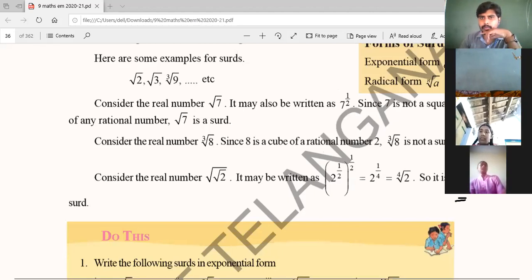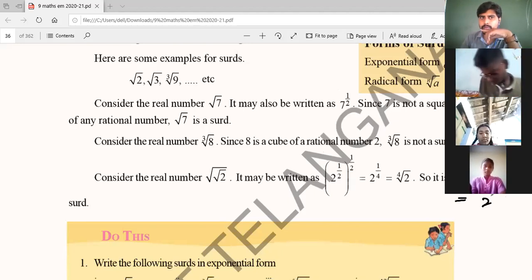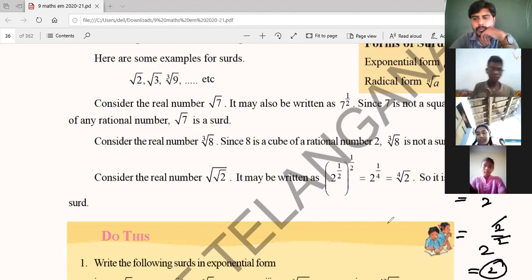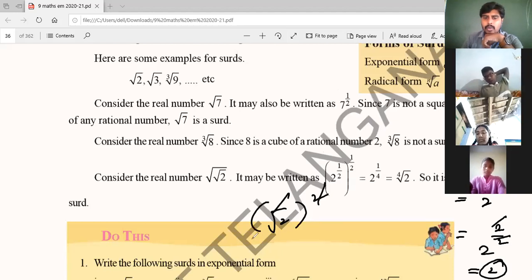What it becomes: 2 power 1 by 2 into 2, so 2 power 2 by 2. The 2 gets cancelled, and 2 is the answer. Instead of writing all these steps, we simply take cancellation: the square root gets cancelled. Is it clear? Any doubts?